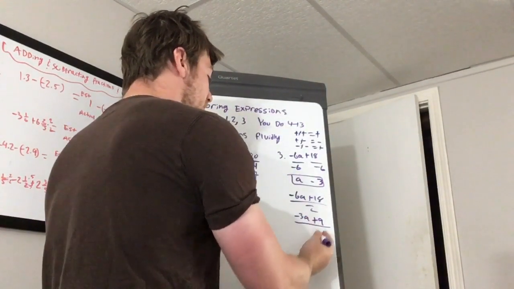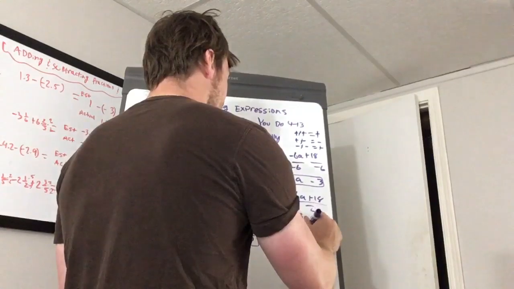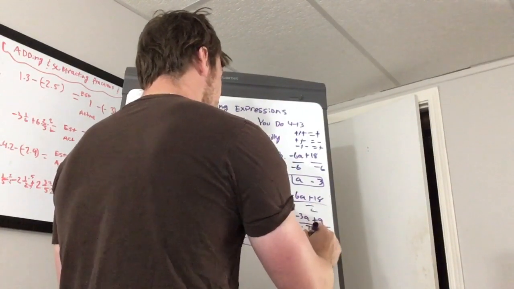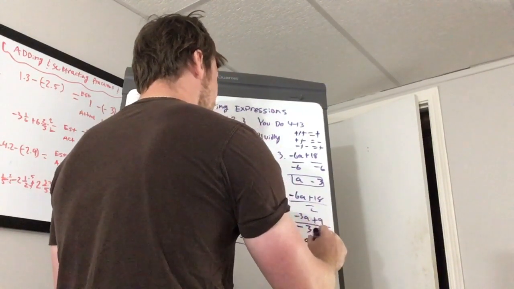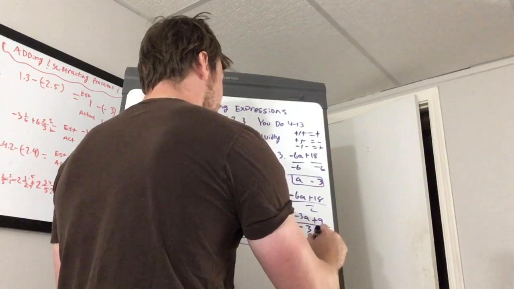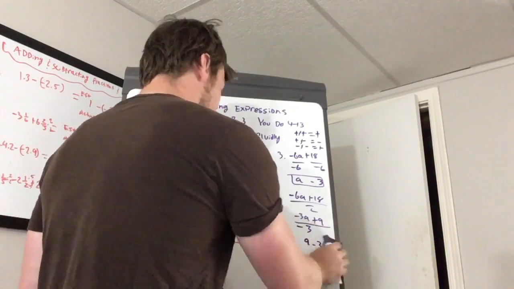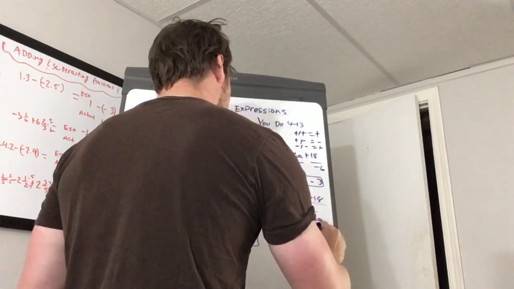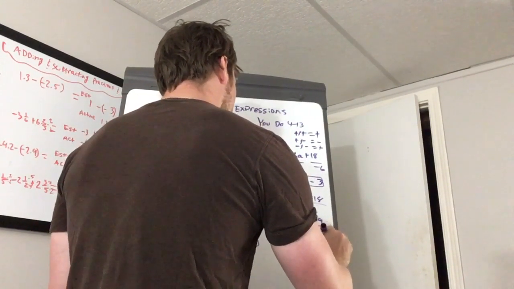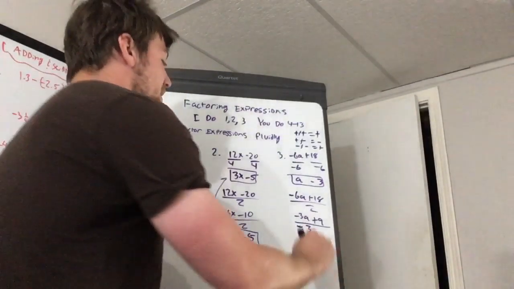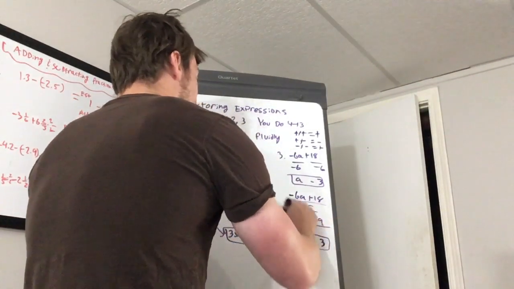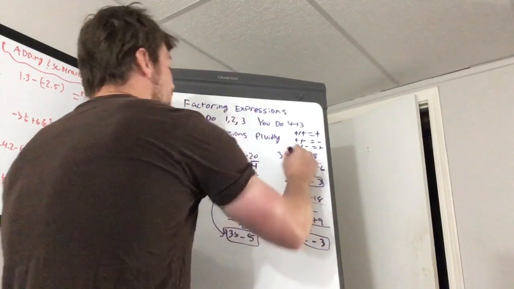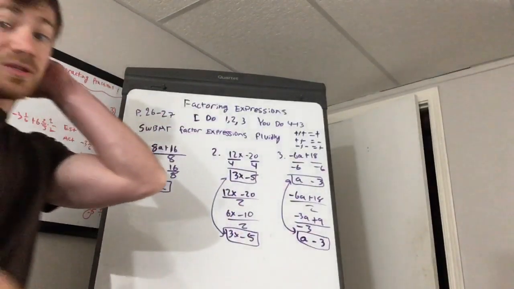Negative 3 is the largest number, so divide by negative 3. Negative 3a divided by negative 3 is a. 9 divided by negative 3 is negative 3. So, oops, sorry, there's my error. We are left with a minus 3. Same thing we got there. Like I said, there's multiple ways of doing this. I think taking out the largest first is less work.